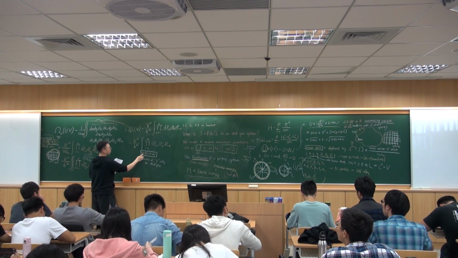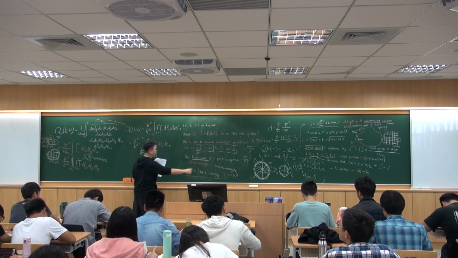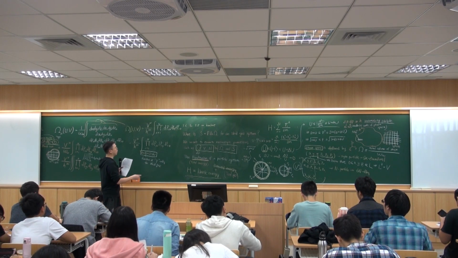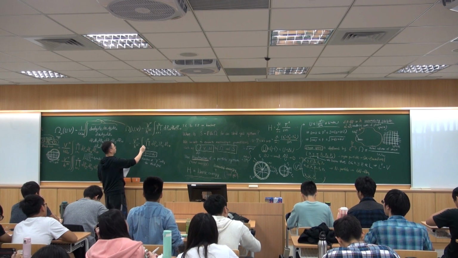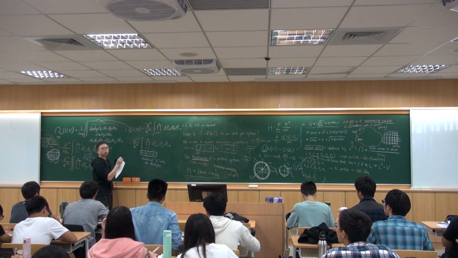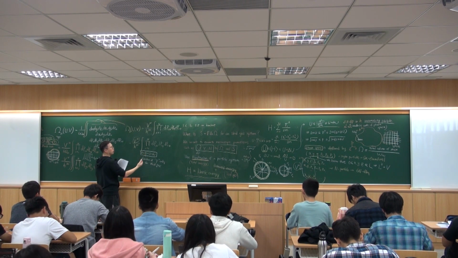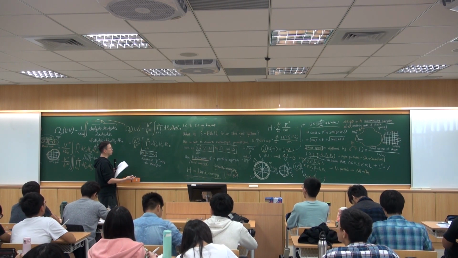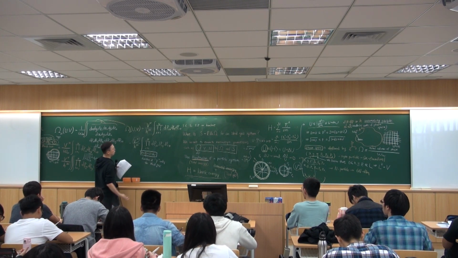If the Hamiltonian is related to the potential energy, which means it's related to x, y, and z, then you cannot take this one out, because the constraint is also related to coordinates.